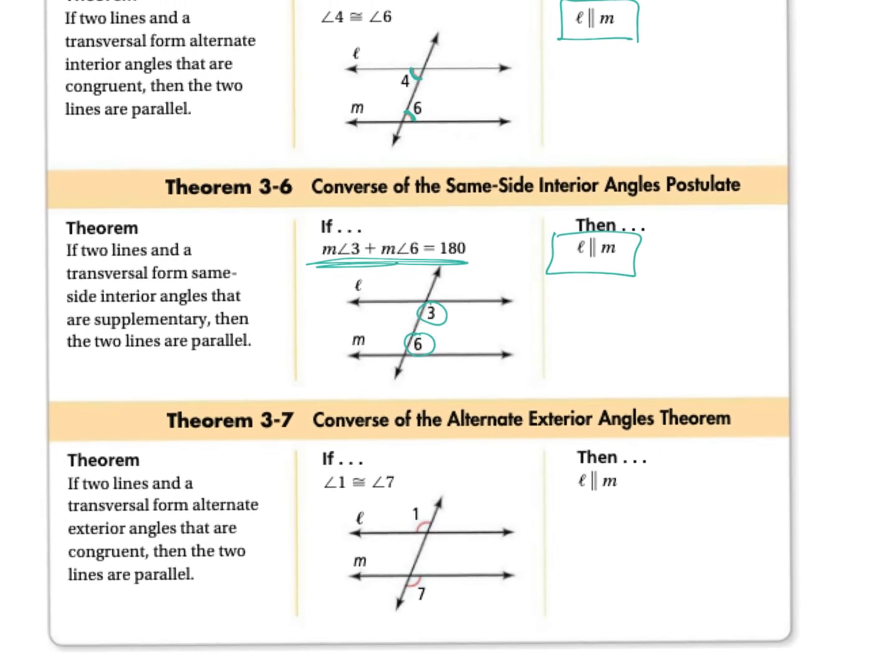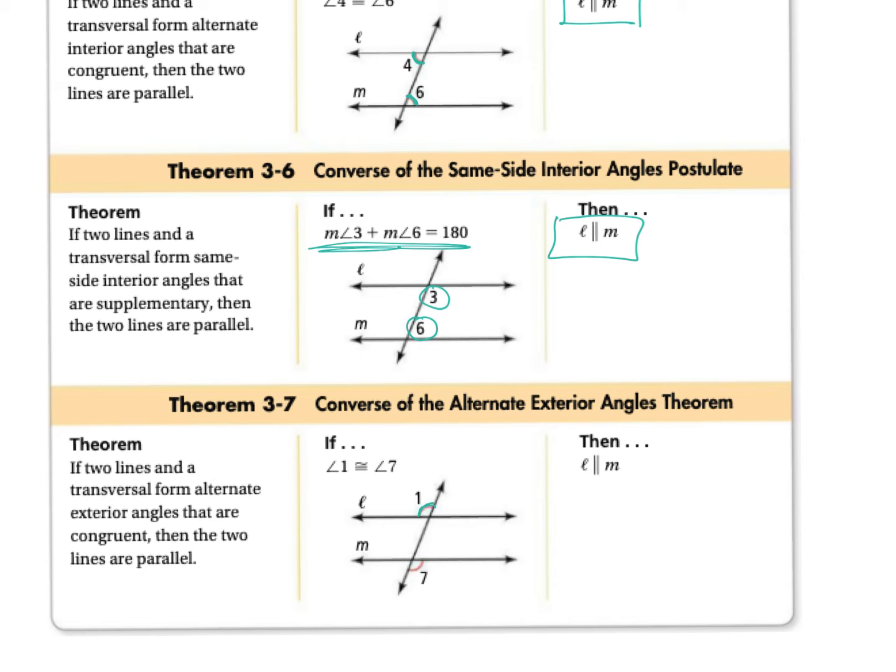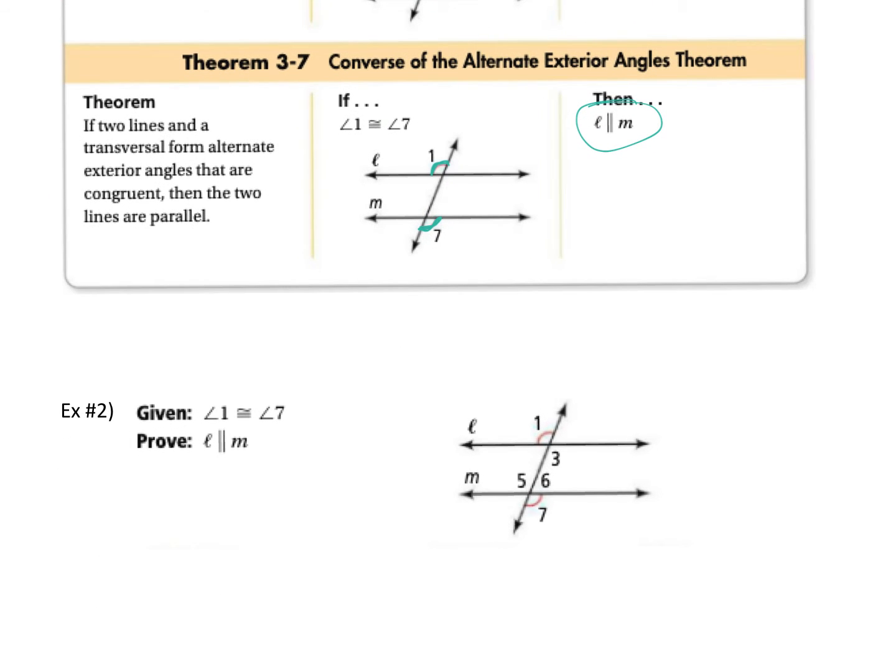And the last one, the converse of alternate exterior, says if 1 is congruent to 7, then I know the lines are parallel. Okay, so it looks just like Friday, but the converse. Nothing new. No like, oh, that's crazy, I've never heard that before. That's not here, okay? This is just like Friday, but make it the converse.